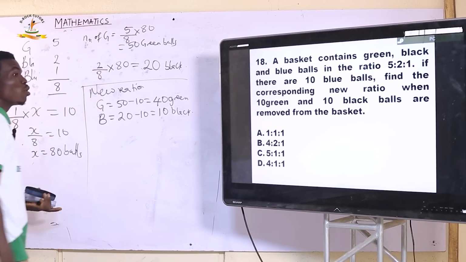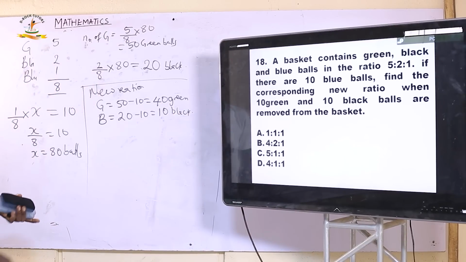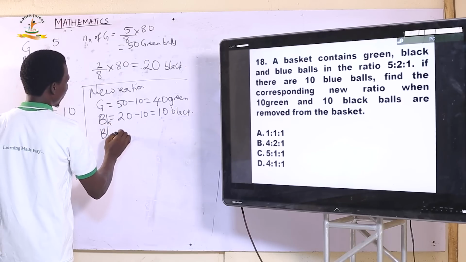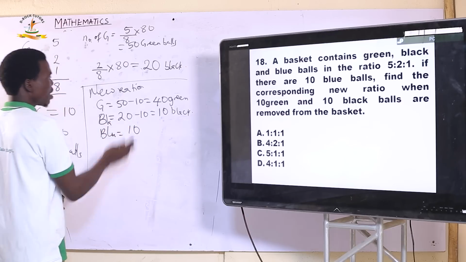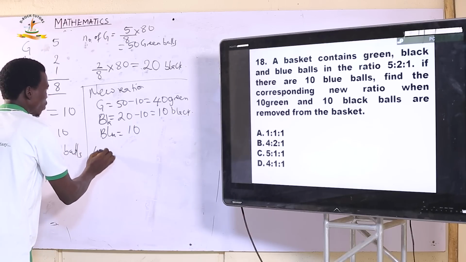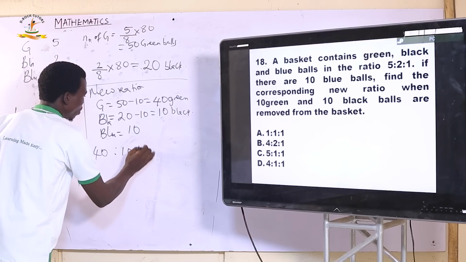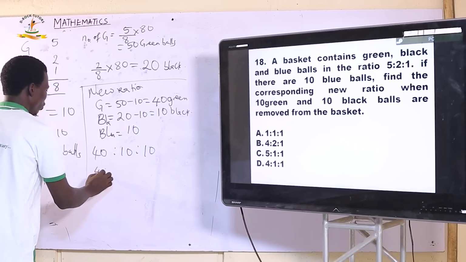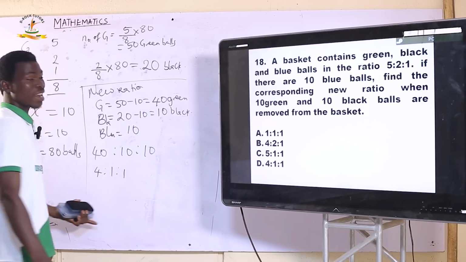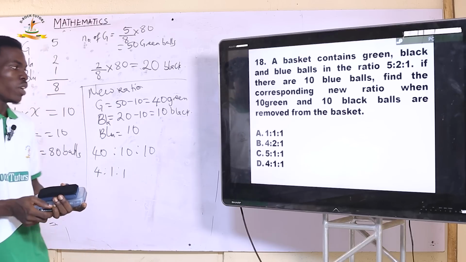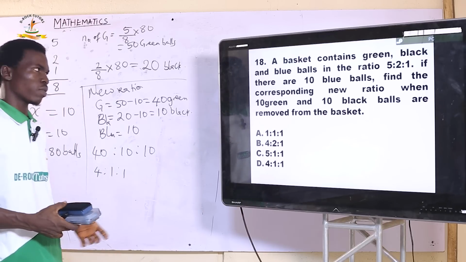Don't forget, the blue still remains the way it was. So blue will still be 10. And this time around, the total you have is in the ratio 40 to 10 to 10. If you divide all the ratio by 10, you're going to have 4 to 1 to 1, and that is the new ratio. So if you look at option D, it gives you the correct option for that question.